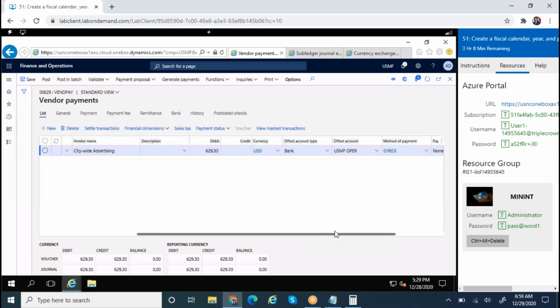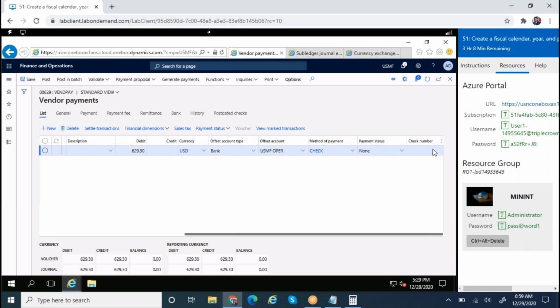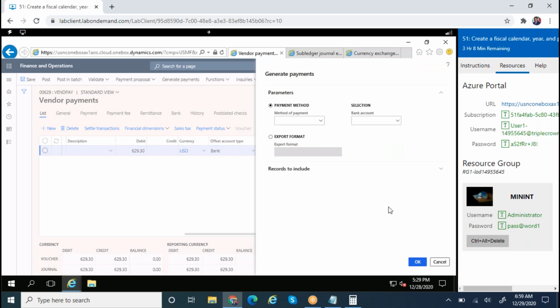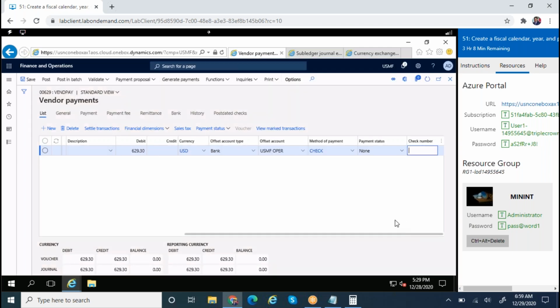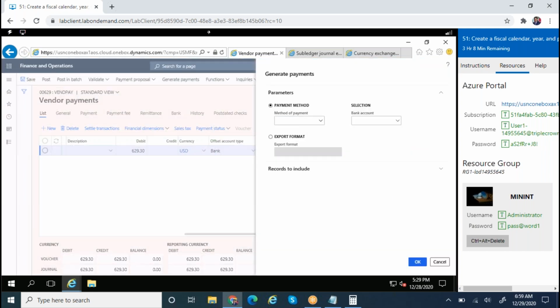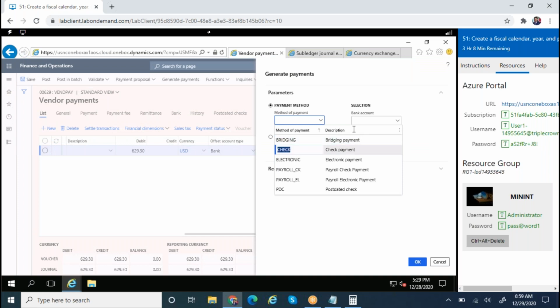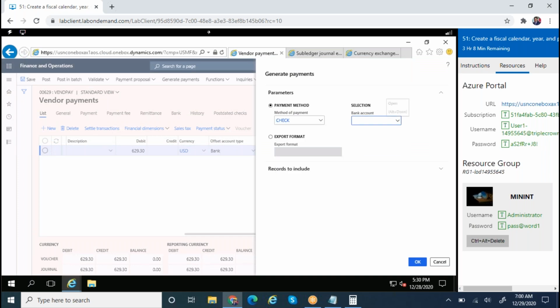if a check is available, I need to generate the check number. Initially we learned this already. Generate payment. Check, generate payments. Click OK.